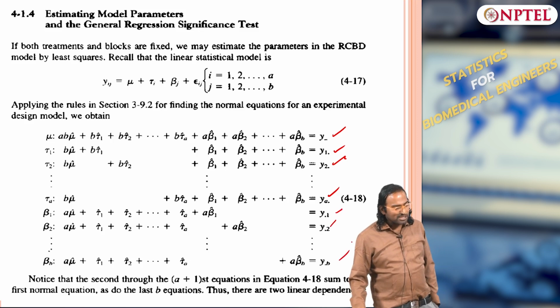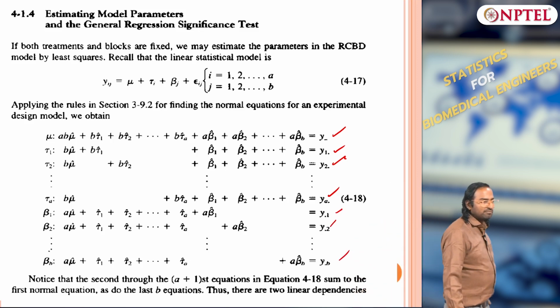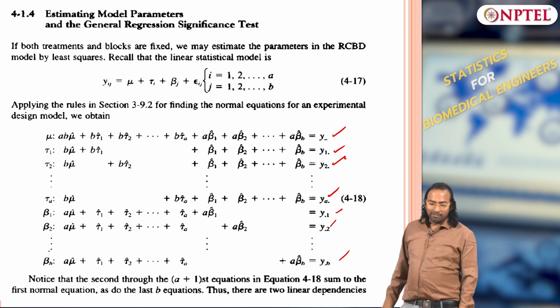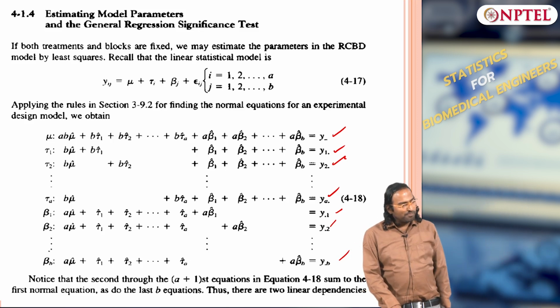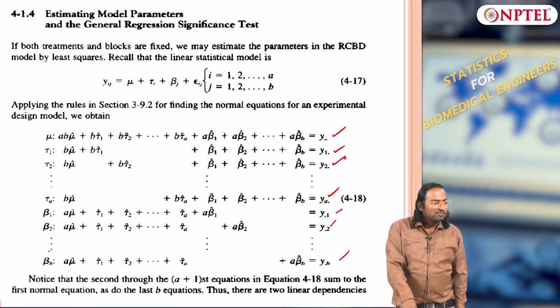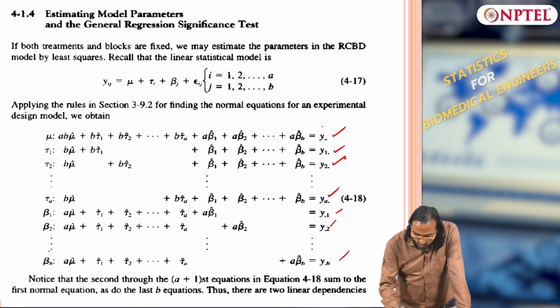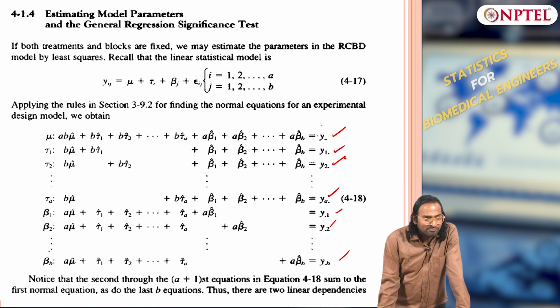So how many equations are there here? A plus b plus 1 equations: a treatment equations, b block equations and 1 mu equation. So a plus b plus 1 normal equations, the right hand side you can write. How do I write the left hand side of the equation?